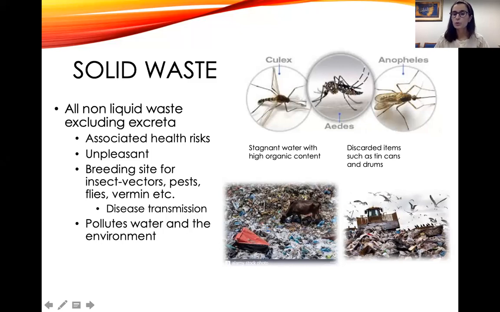But what we don't know is that all three genera of flies or mosquitoes, which are Culex, Aedes, and Anopheles, breed at waste sites. So waste sites or dumping sites or cans or drums where you put all of your waste are a perfect, ideal environment for these.